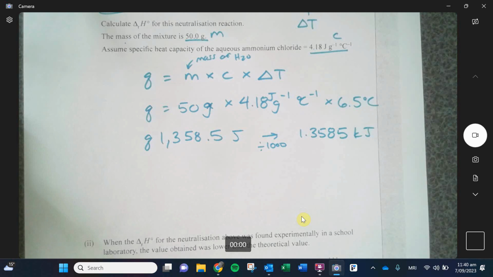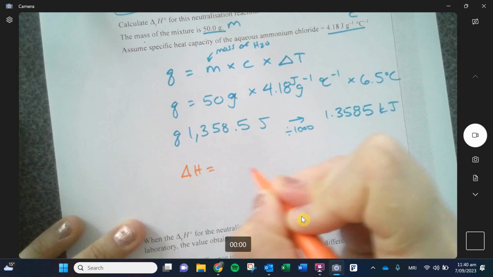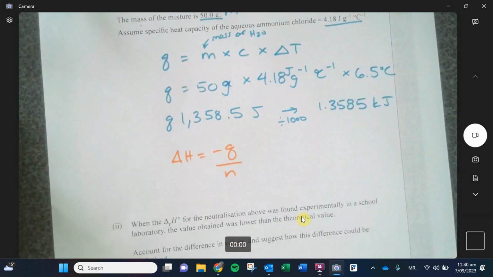Okay, so my next thing I need to think about is that my enthalpy, my delta H, is equal to the negative Q value divided by the amount of moles in that reaction.